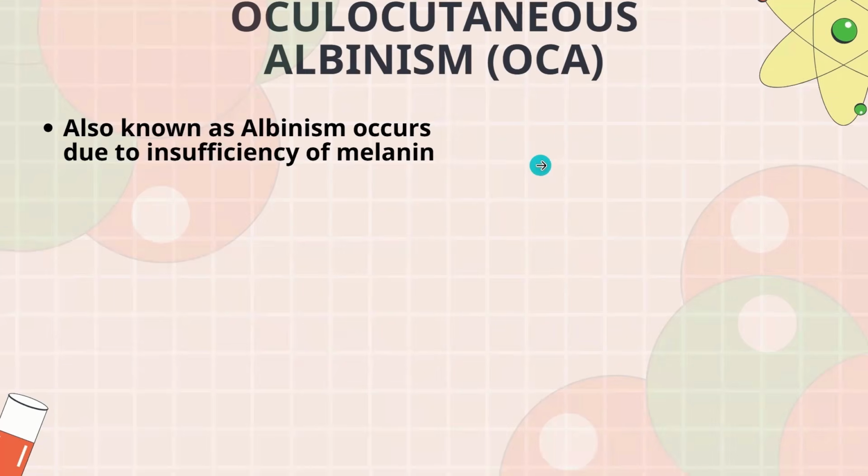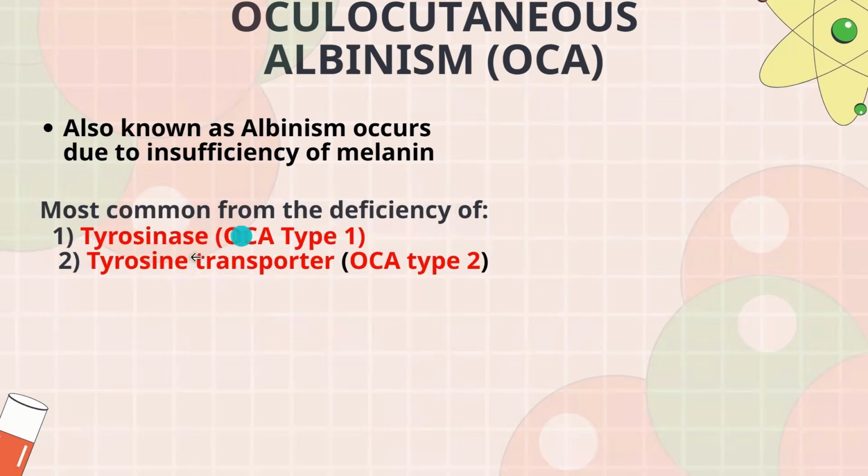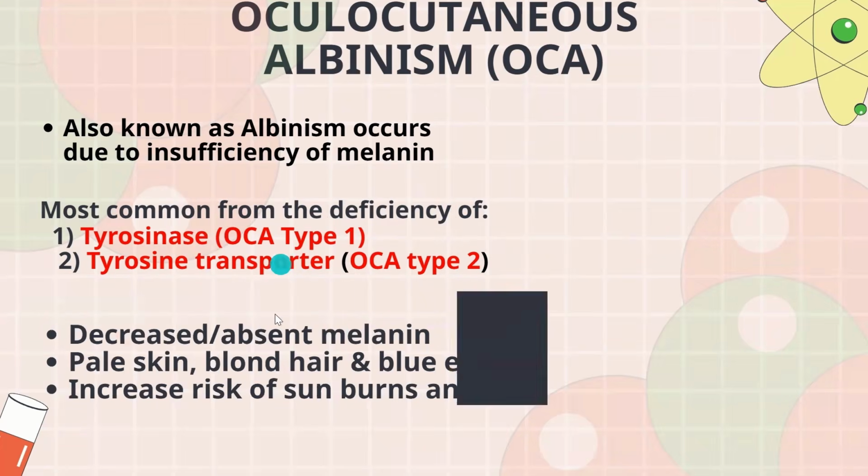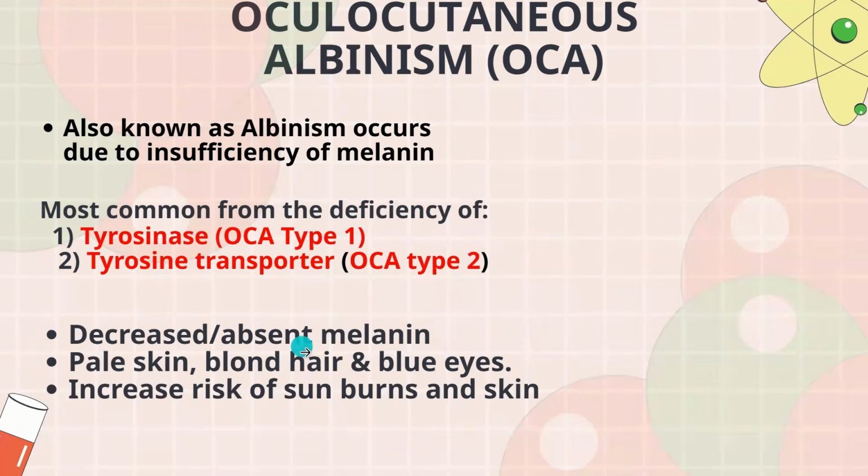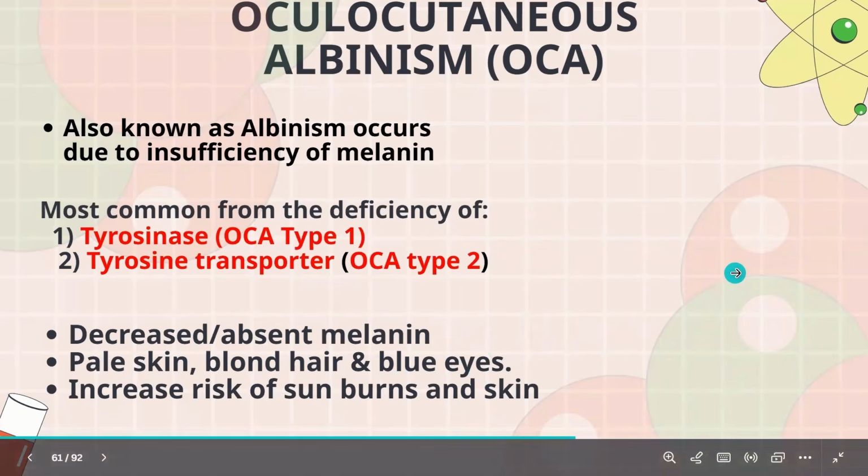The most important one, obviously, is tyrosinase, which is why I told you to remember it, because tyrosinase is forming melanin, right? And then tyrosine transporters, also called OCA type 2, while this is OCA type 1. Here you might have low tyrosine transporters. That's it. So here you have decreased or absent melanin, pale skin, blonde hair, blue eyes, and increased risk of sunburns and skin cancer. And that's about it.